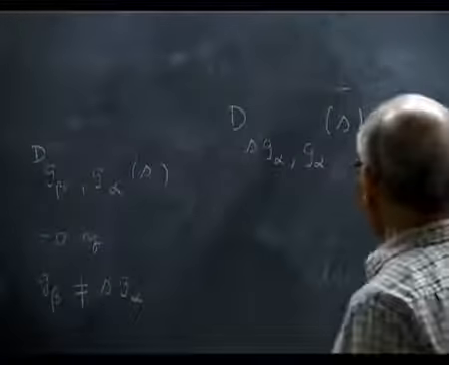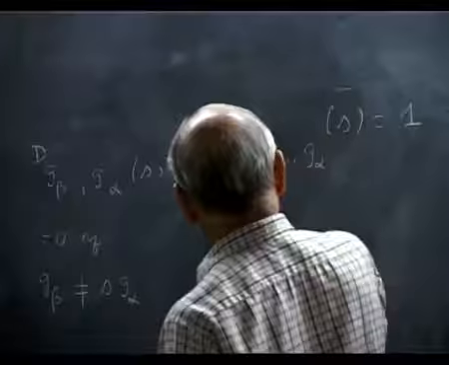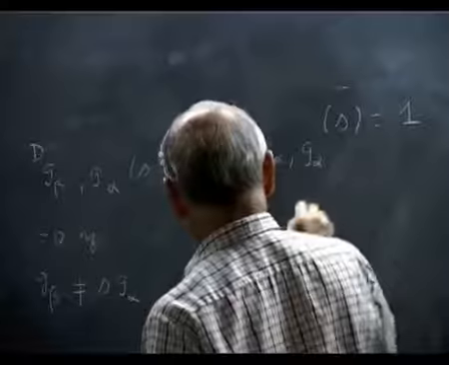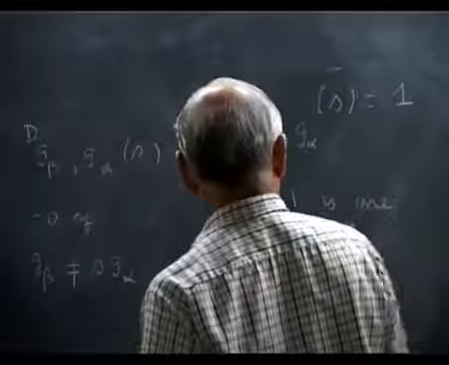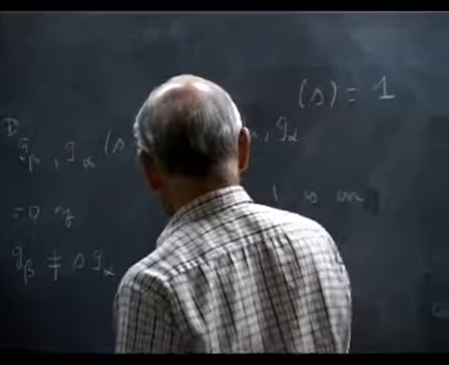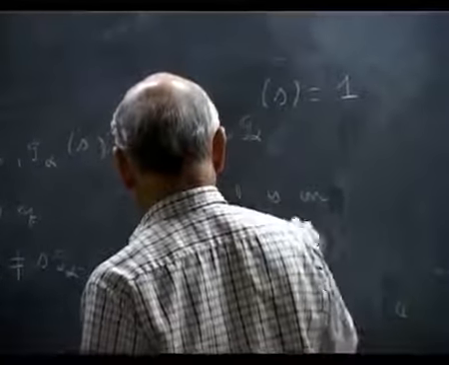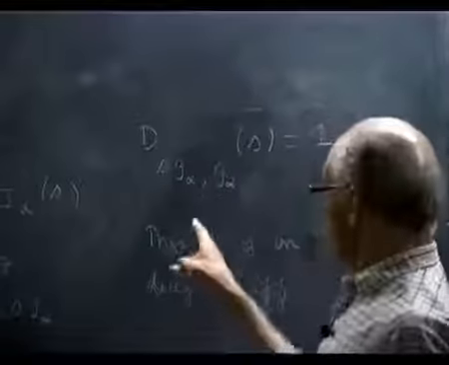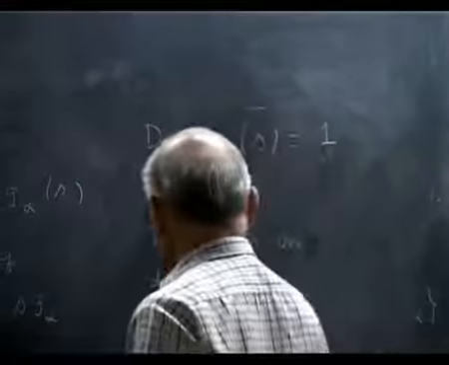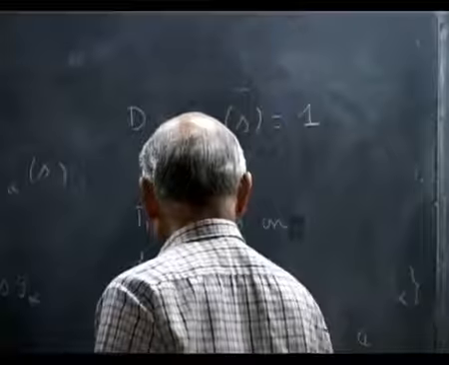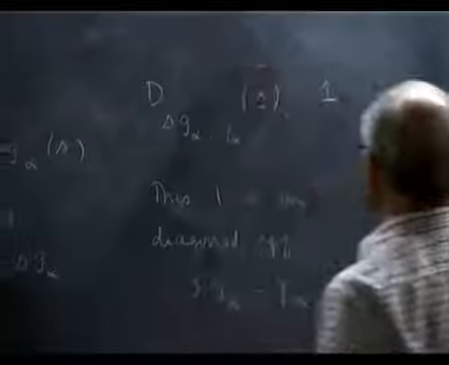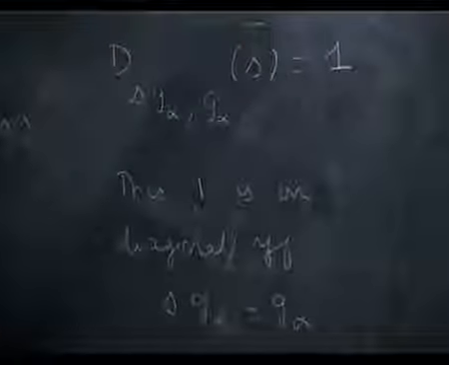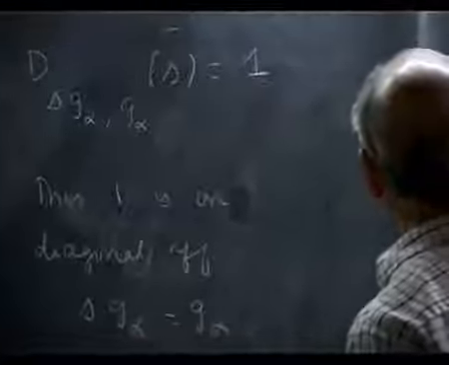But this 1 is on the diagonal if and only if S G alpha is G alpha, that is, S equal to identity.